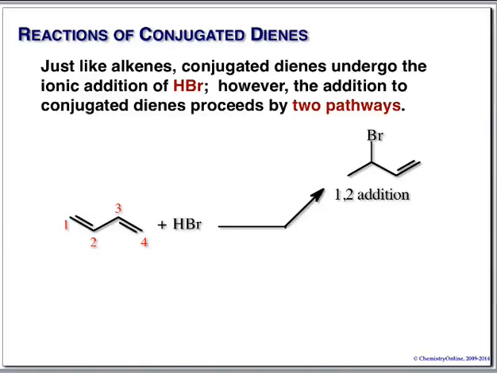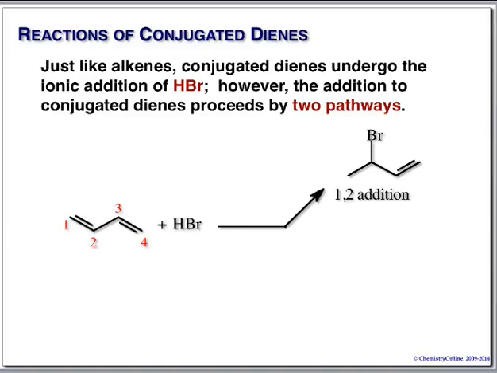We're going to add HBr. The most stable carbocation would be here at our secondary position. So that is where the bromine will add. Hydrogen goes here. Markovnikov's rule, carbon with the most hydrogens gets the hydrogen. My rule, you add the hydrogen to get the most stable carbocation.